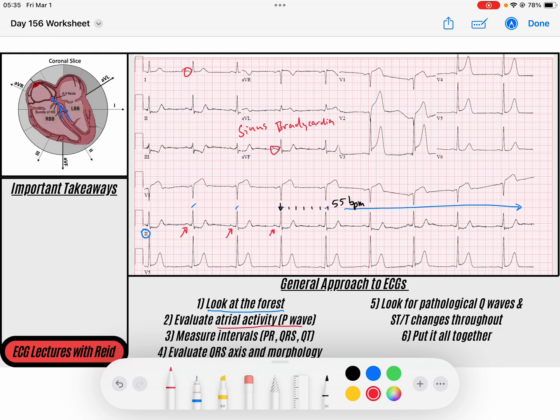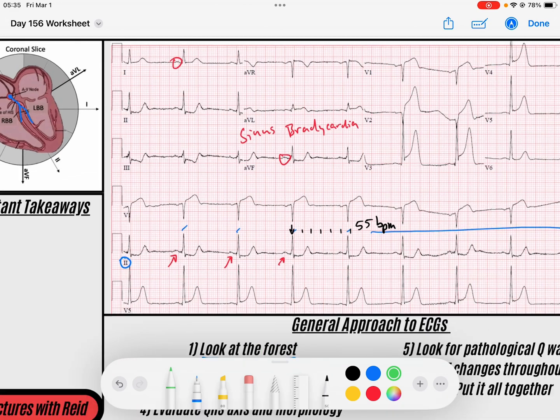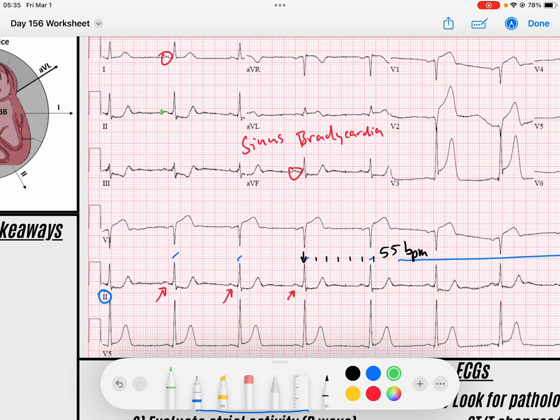The next thing in our conduction system is our AV node, and we know the AV node is represented by the PR interval. If I measure my PR interval, you can see my P wave begins here, QRS begins here. I would say that's about 4 little boxes. So my PR interval is 160 milliseconds, which is between 120 and 200 milliseconds, which is normal.